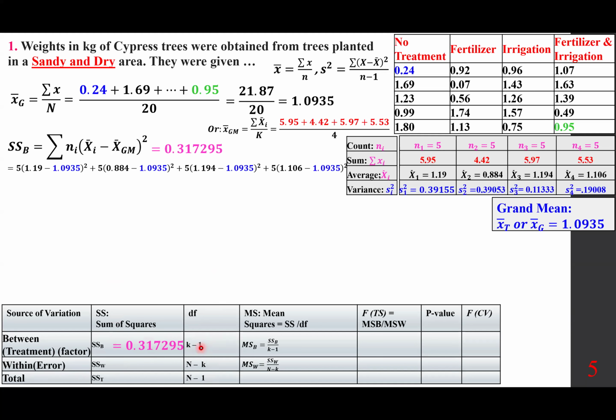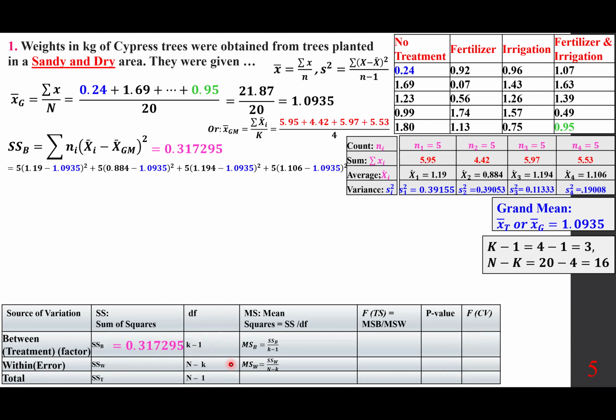Degrees of freedom, k minus 1, we have 1, 2, 3, 4 categories. K minus 1 is 4 minus 1. So this is 3. And then this is n minus k. Total, we have 20. And we have 4 groups. 20 minus 4 is 16.